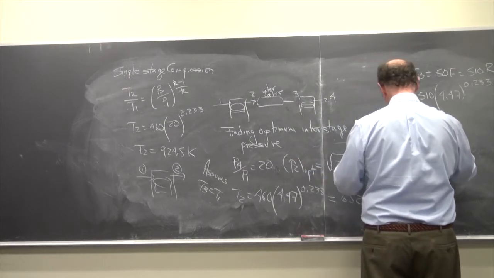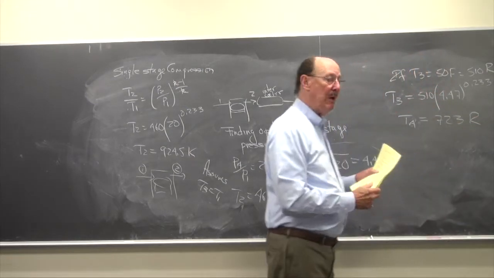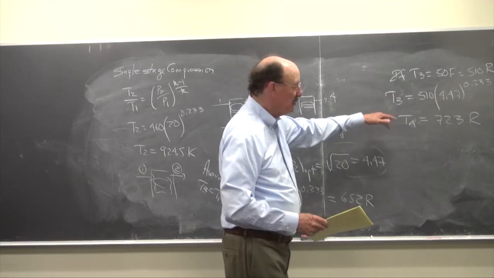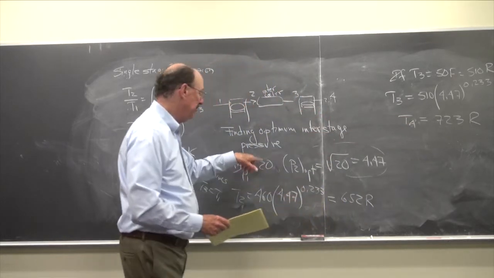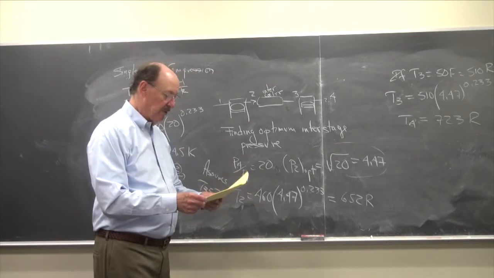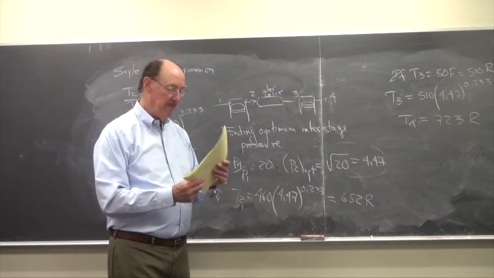T4 is equal to 723 degrees Rankine. And so what we have is that the temperature is higher, but it's still much less than if I had one stage. Let's see what this looks like on a PV diagram.